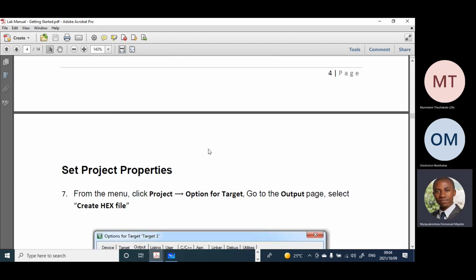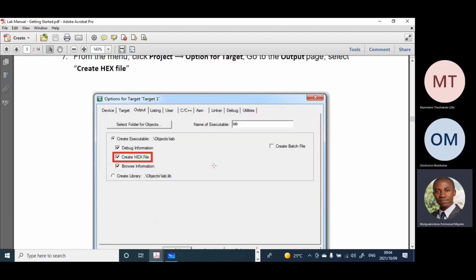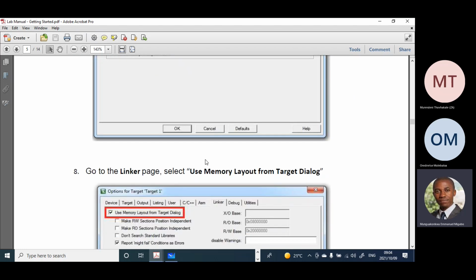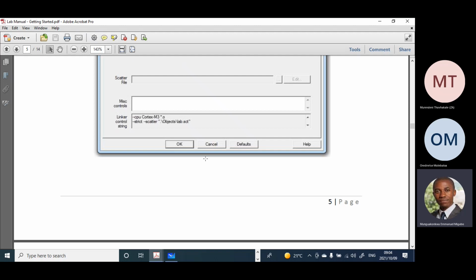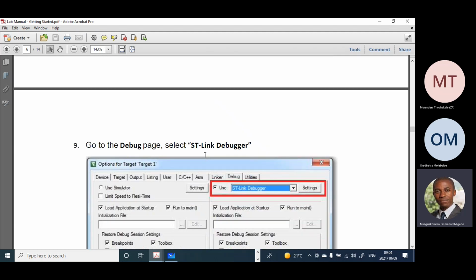Then the rest is ensuring the generation of the hex file is important, because that is the image we load in the end into the microcontroller. The rest is adding source code files, as well as header files and libraries that we will use as we go along. Now, when it comes to the debugger, we use the ST-Link debugger.